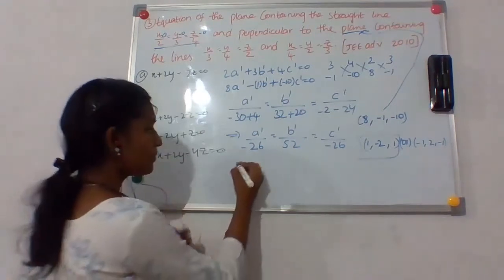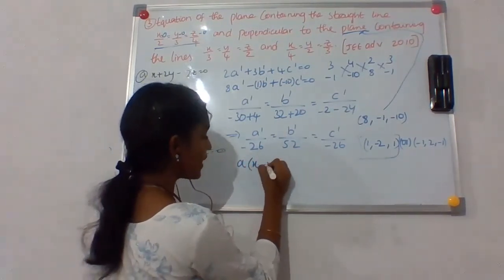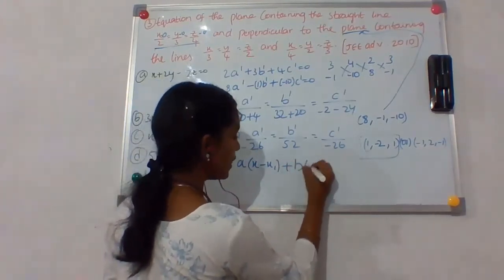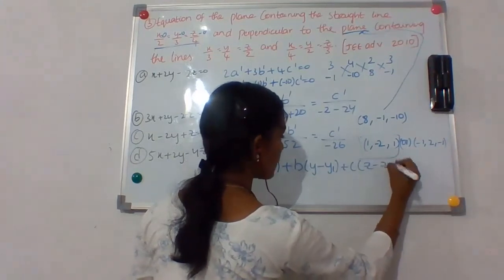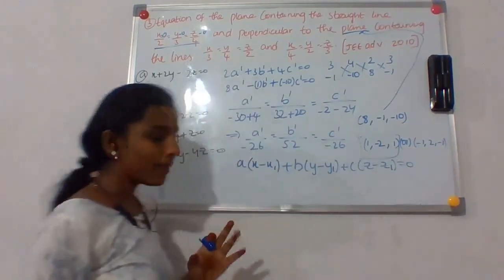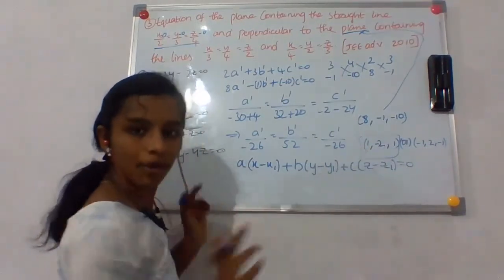So the one point form of the plane is a into x minus x1 plus b into y minus y1 plus c into z minus z1 is equal to 0. Am I right? So now I know a, b, c, that is 1 comma minus 2 comma 1, right?